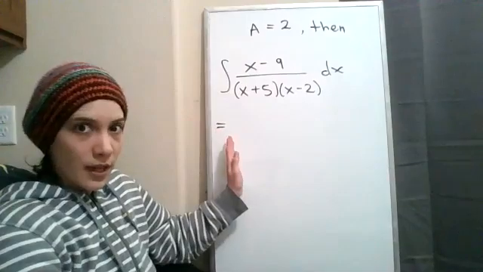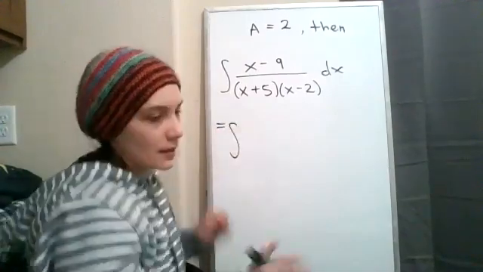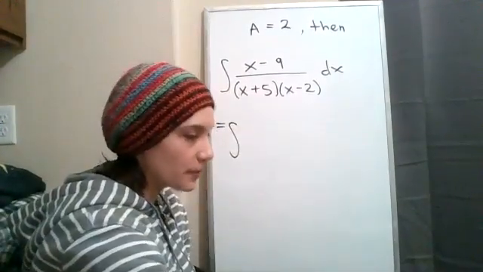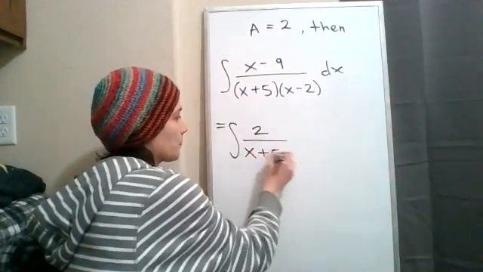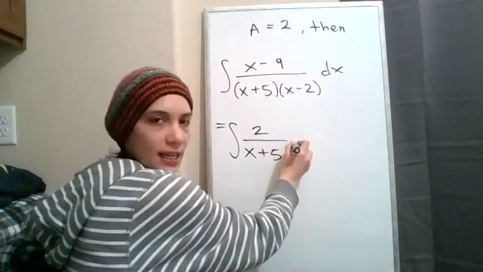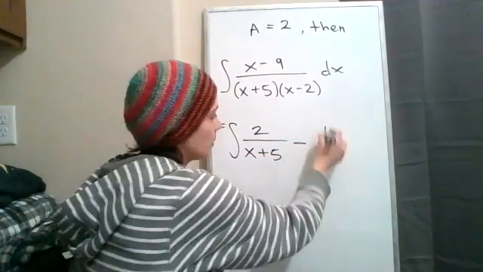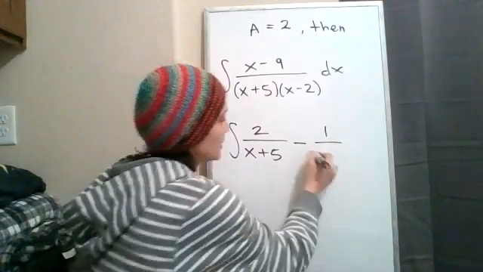Okay, so the integral of 2 over x plus 5, and then it was a negative 1 for b, so we're going to subtract 1 over x minus 2.